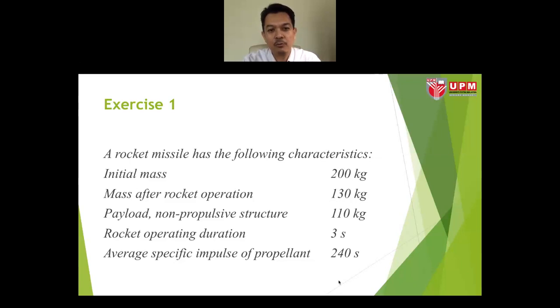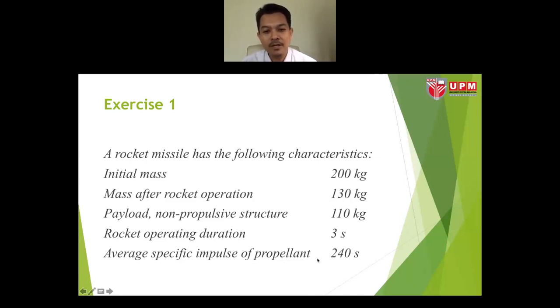Mass after rocket operation, 130 kilograms. Take note of the payload value, 110 kilograms. Jot it down, and then jot down the rocket operating duration, small t, equal to 3 seconds, and the average specific impulse of the propellant.